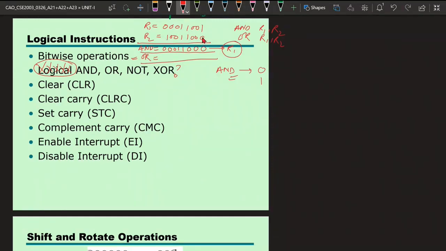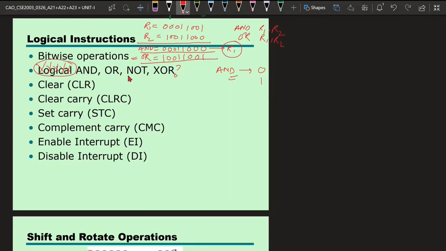So 1 OR 0 will be 1. 0 OR 0 will be 0. 0 OR 0 will be 0. 1 OR 1 will be 1. 1 OR 1 is 1. Again 0 OR 0 is 0. 1 OR 0 is 1. So this will be the OR operation.